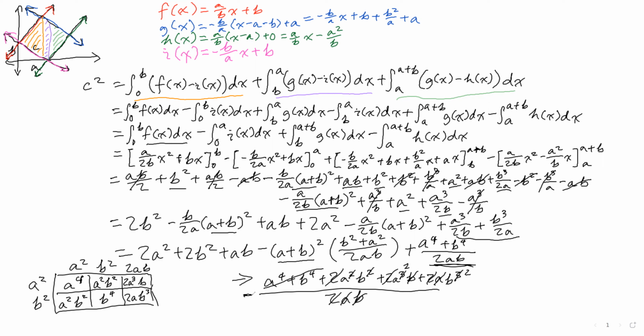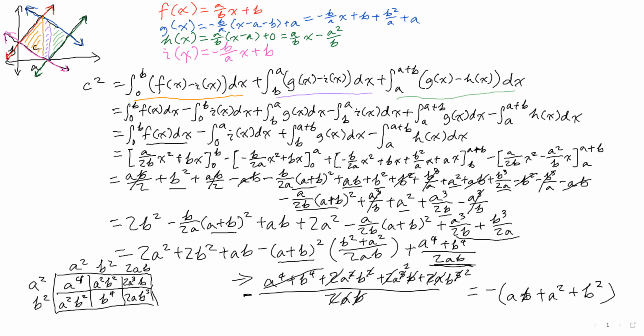That's pretty messy with all the crosses, but that would just turn out to be negative ab plus a squared plus b squared.